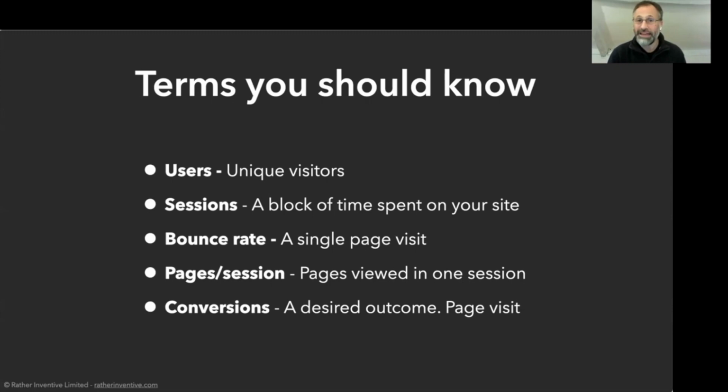So if you've got 10 users for a month, then you have 10 unique individual visitors who have come through to your website. A session is a block of time spent on your site. You might have one person who's visited several times. So you might have one person who's visited 3 times, that's 3 sessions.